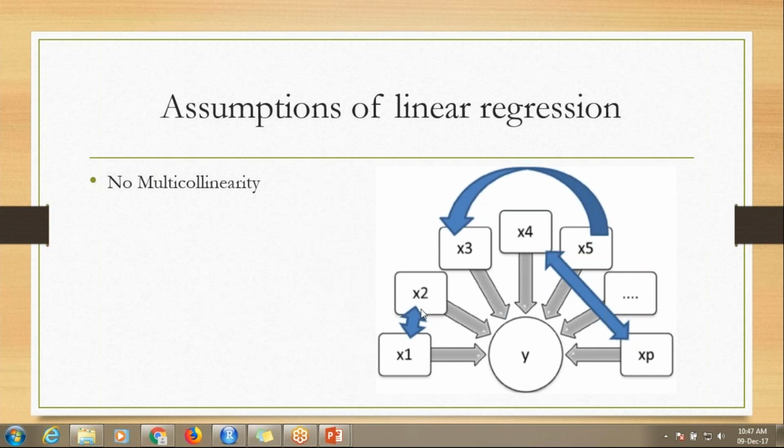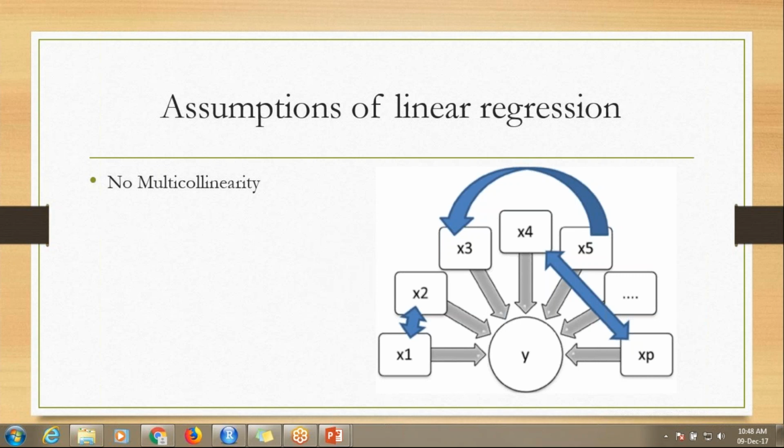So here is multicollinearity. All this dependency shouldn't be there between independent variables. All should be independent of each other, and a model which has the least number of independent variables should be chosen. With the least number of variables, if you can explain all the variance, then that should be the best model to choose. And there is a concept of parsimony. Parsimony means you should be a little stingy, and not allow all the variables to pass into my linear regression model.